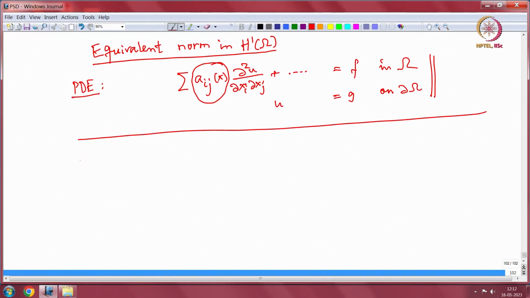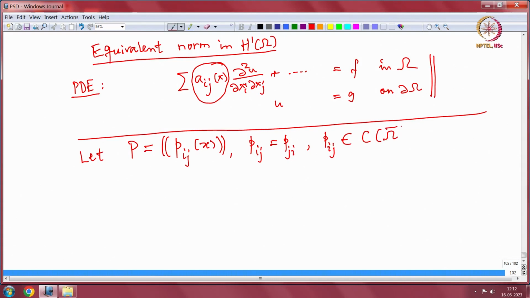Let P be this matrix function P_ij(x), with P_ij equal to P_ji, and P_ij belongs to C of omega closure. So, these are continuous functions in omega closure. So, they are bounded.